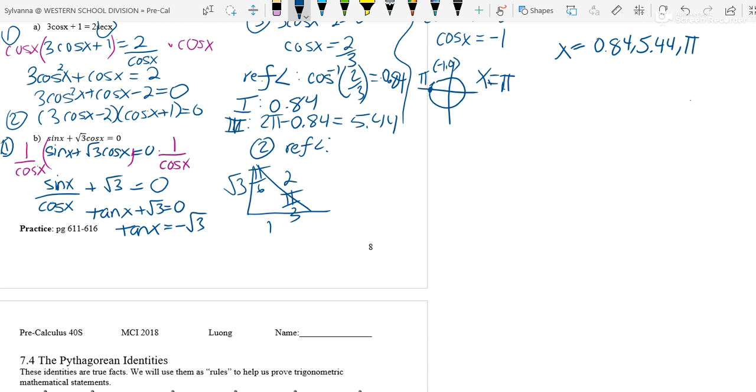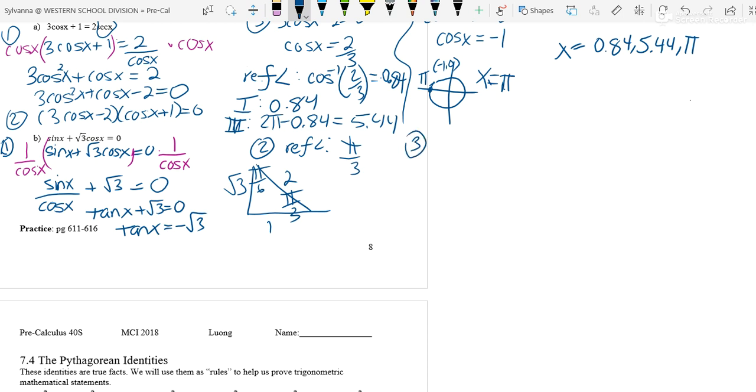And we get root 3 for tan x when we have tan of pi over 3. Because tan of pi over 3 is opposite, which is root 3, over adjacent, which is 1. So a reference angle will be pi over 3.